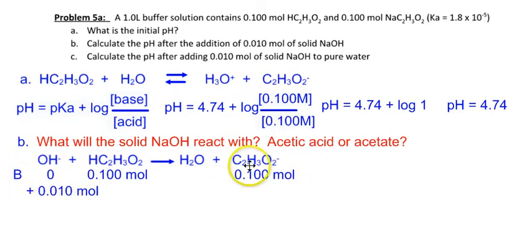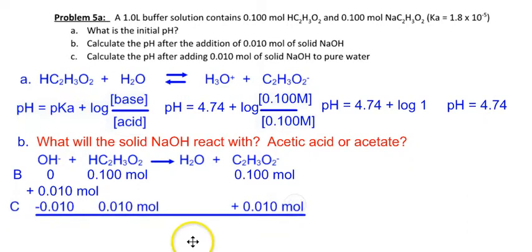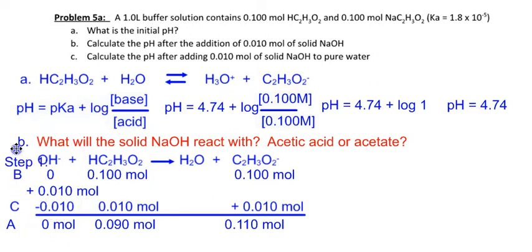This is my true beginning. This is where I just have the buffer, but now I'm going to add 0.10 moles. And now what's going to happen here? I think you're going to realize that we're going to have a change. We're going to use up all the moles of hydroxide, and we're going to subtract here and add here. So here is my A value. Okay, so that's my step 1. That's the BCA table. I guess I'll stick it right here.